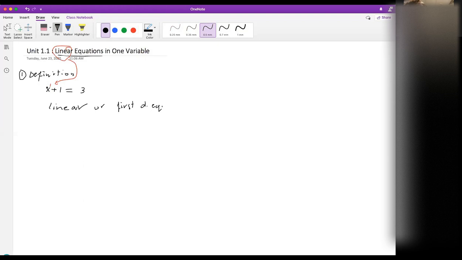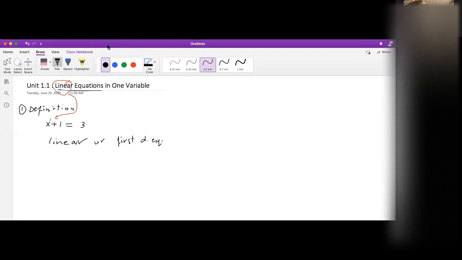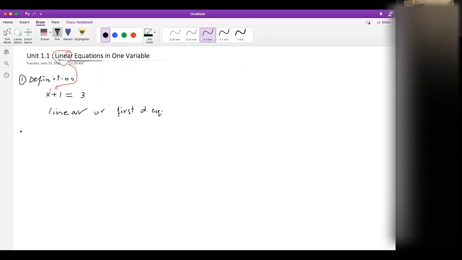First degree equations are easier to solve compared to second degree or third degree. We're going to see those later this semester, but today we're only going to see how to solve first degree or linear equations. All right, so let's now see how to solve these equations.